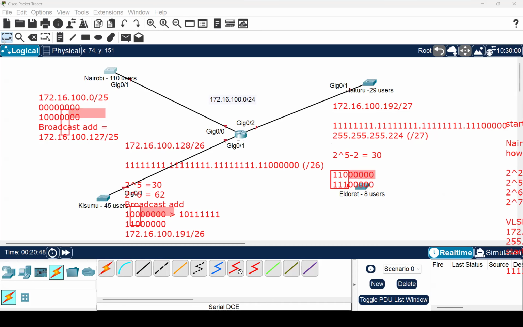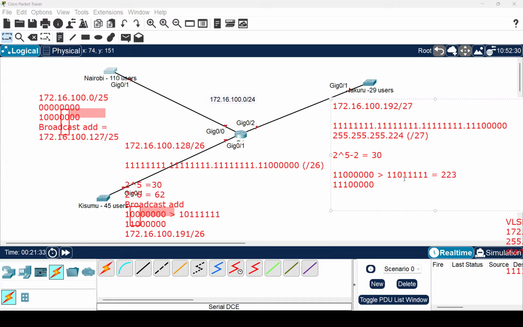If you convert that to all ones, then what do you get? After converting the host bits to all ones, you get 1, 1, 0, then 1, 1, 1, 1, 1. And if you write that in decimal, that should be 255 minus 32, which is 223.